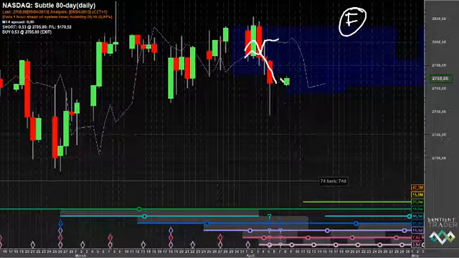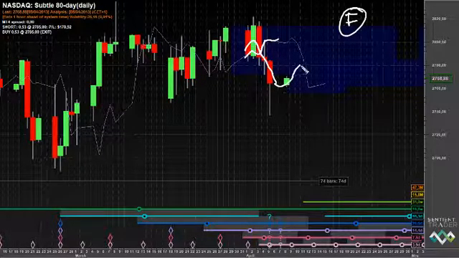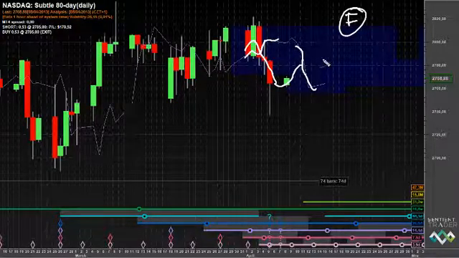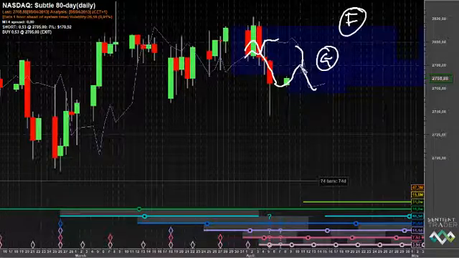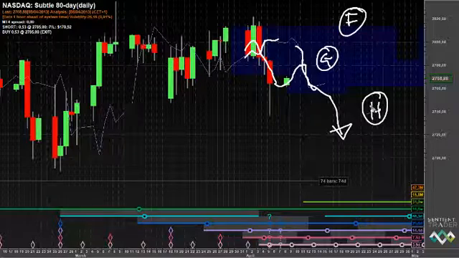If that is the case, then we would expect price to rise back up to the FLD. In a G category trading opportunity, we'd then expect price to track along the FLD, and we would have an H category trading opportunity following that. That's what we would expect if we are now in an F category trading opportunity.